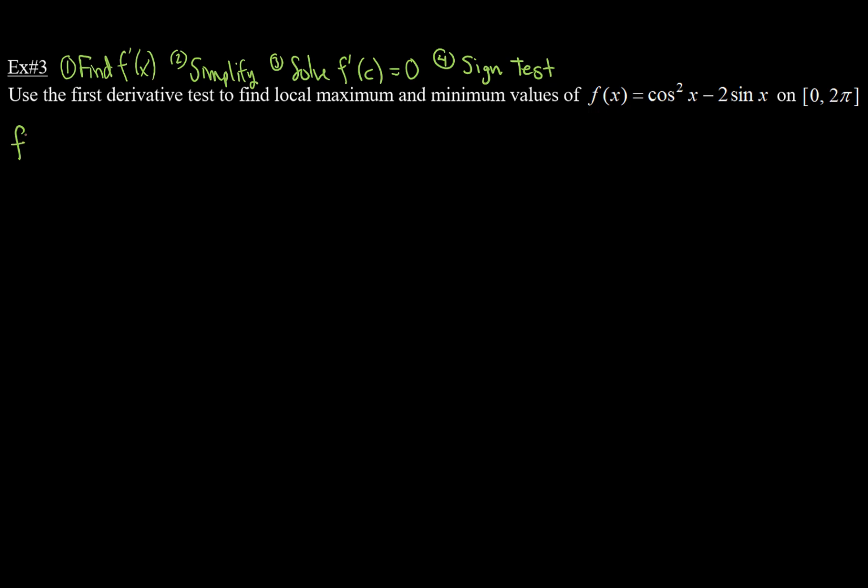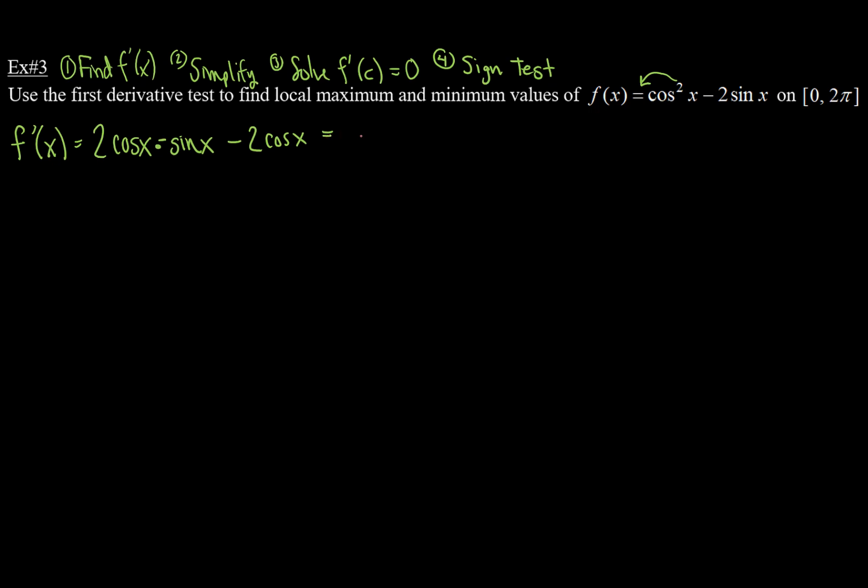All right, so let's take the first derivative. The derivative of cosine squared of x: I'm going to take the 2 and bring it down. I leave the cosine of x alone, and then I multiply by the derivative of the cosine, which is negative sine of x. Next, the derivative of 2 sine of x is negative 2 cosine of x.